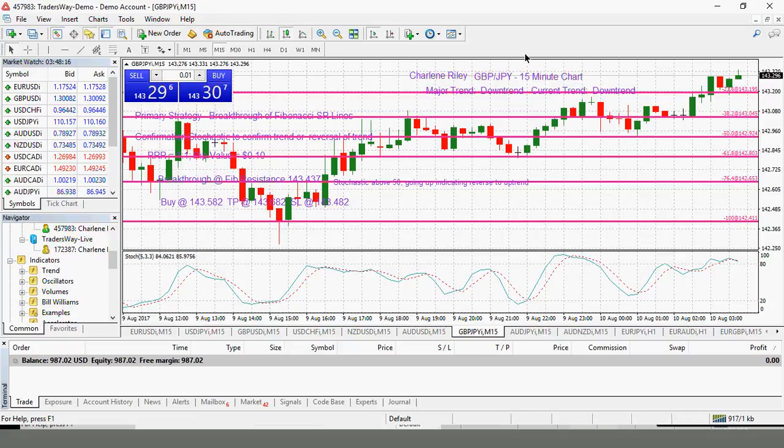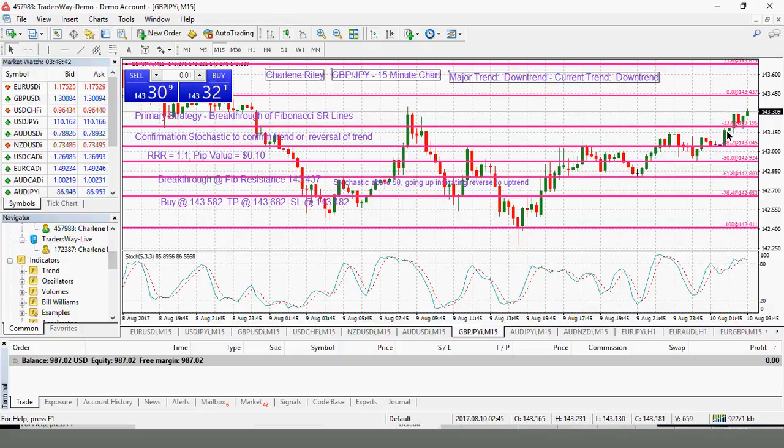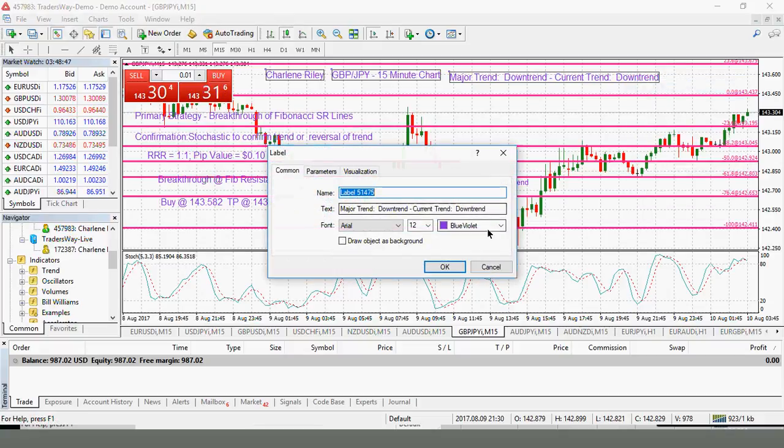All the lines and text, they've been there from previous trades. So let's get this set up. I'm not quite sure what to say about this. The current trend is definitely an uptrend.